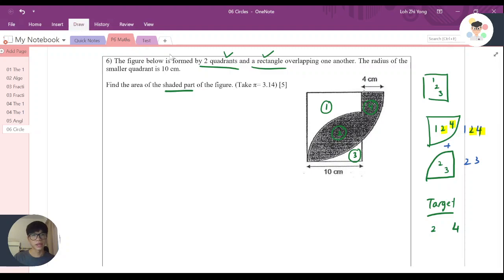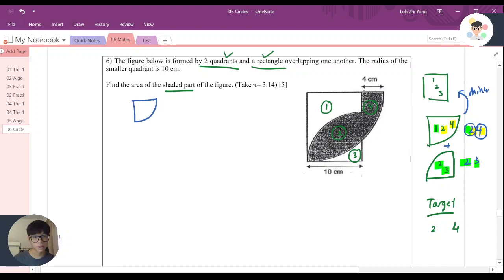But if I add these two, I have an extra 1, 2, 3, which I can remove after I found this. I use it to minus this, and I will only have 2 and 4. Do you get what I mean? Let me write it here again.